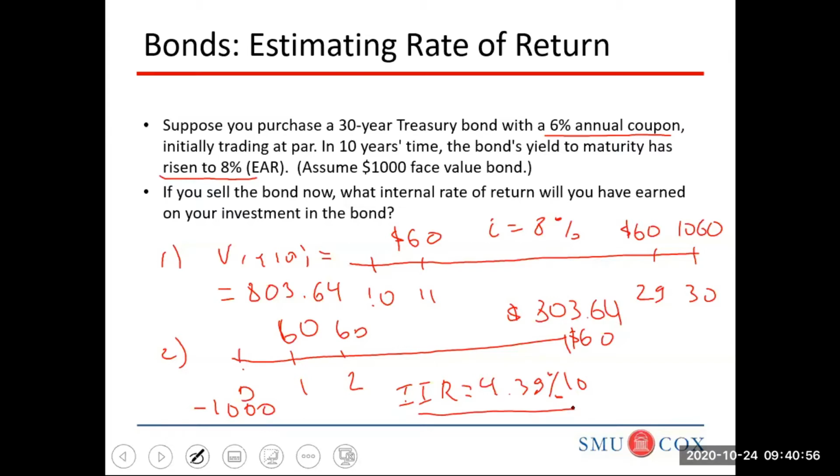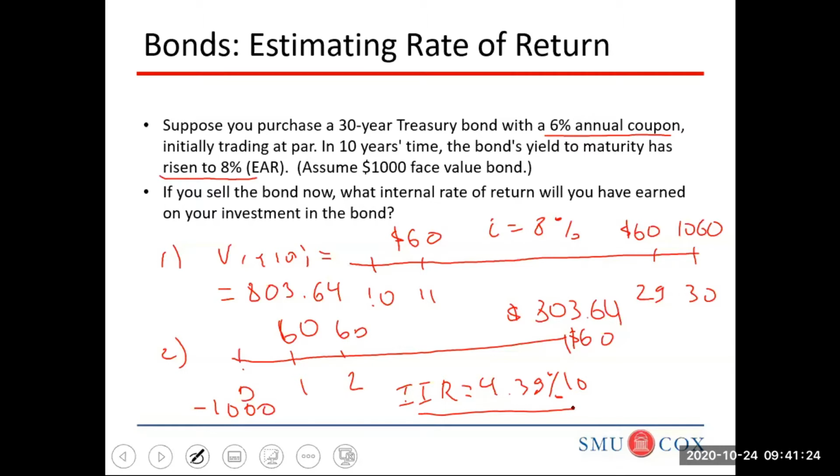Are there any questions? Or does anybody want to try that together, or have any discussion? The IRR is pretty low, right? Because what you're doing is buying something at 1,000 and selling it at a lower price. Yeah, you're getting $60 in the middle, but it's not a great investment. The point here is the interest rate risk.